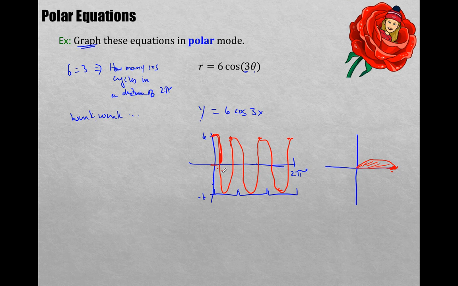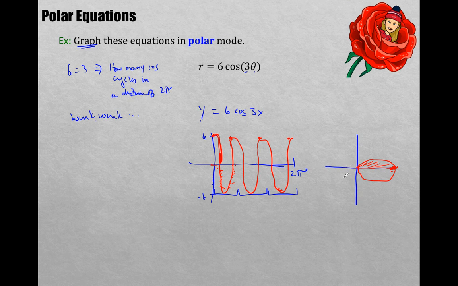Then look what happens as you start to go around more. You go negative, and then you come back to 0. So rotate theta, and your radius gets bigger and bigger until you get back to 0. Then you go positive.